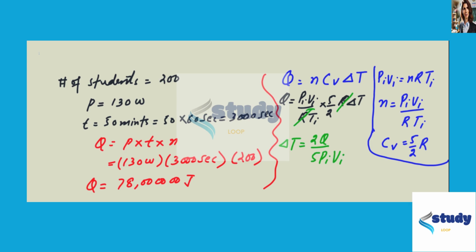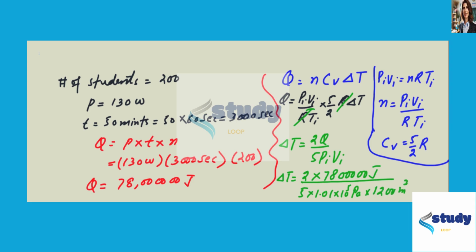Now by plugging different values in the relation, delta T equal to 2 into here Q, that is total heat generated by all students, which is 78,000,000 joule upon 5 into initial pressure inside the room is 1.01 times 10 to the power 5 Pascal into initial volume of air inside the room, which is 1200 cubic meter.